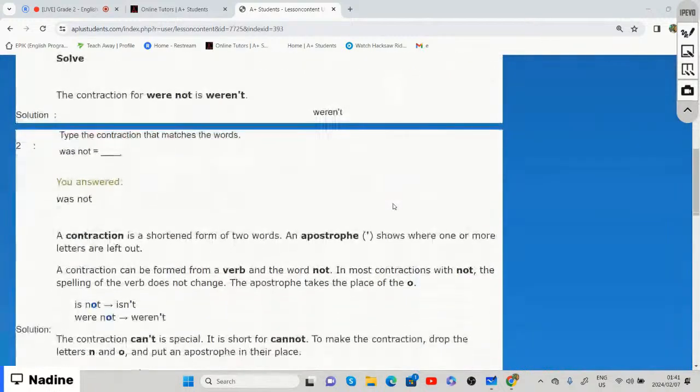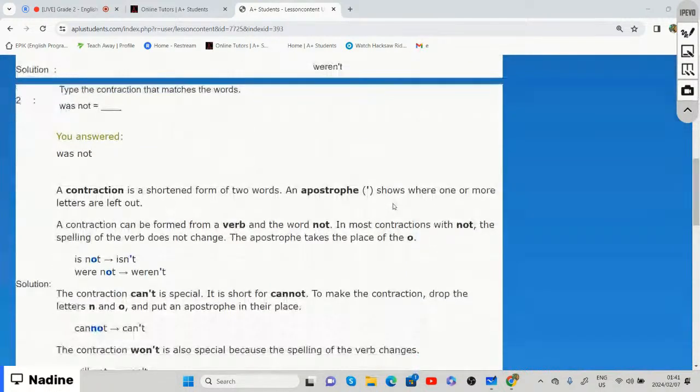All right. So was not. We need to type the contraction of the word was not.